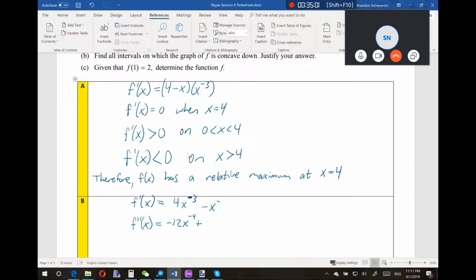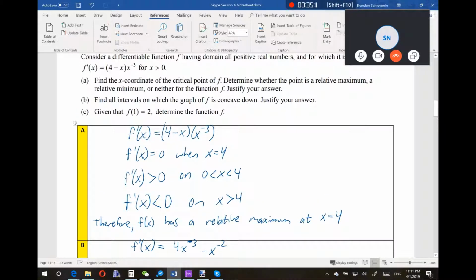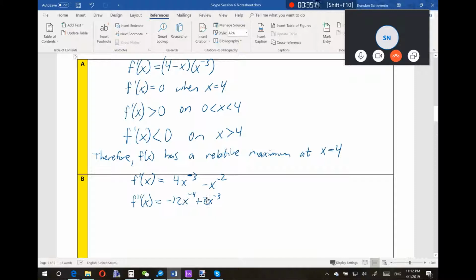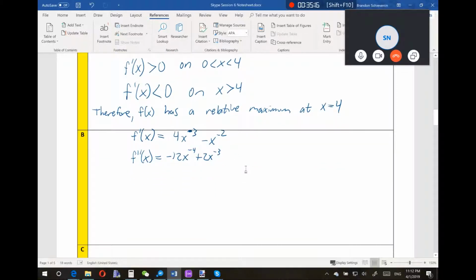Oops. You're right. Okay. I need to find out all intervals where this is concave down. I'm going to do something a little bit different here then. So I'm actually going to factor a couple things out of here so that I can see when this is going to be equal to 0 a little bit easier.